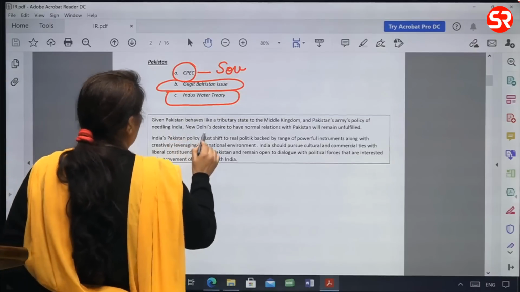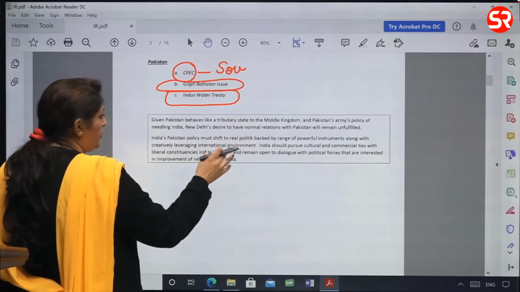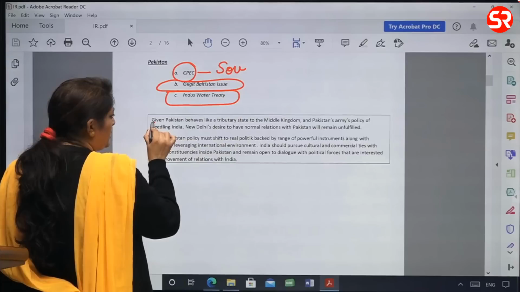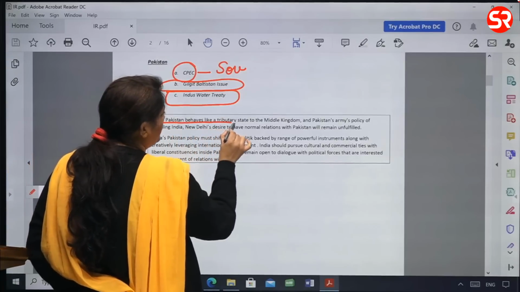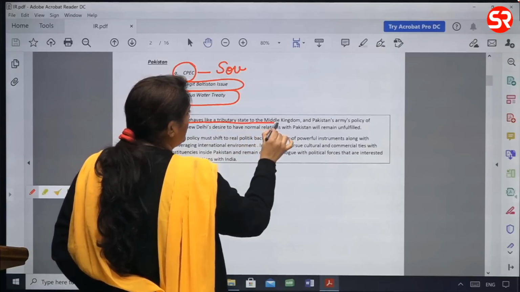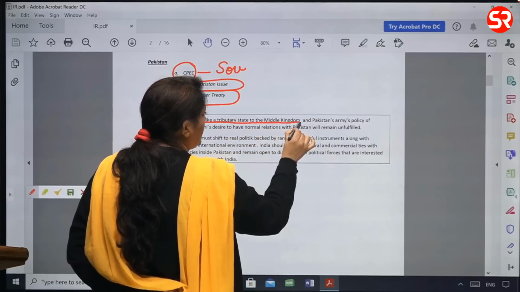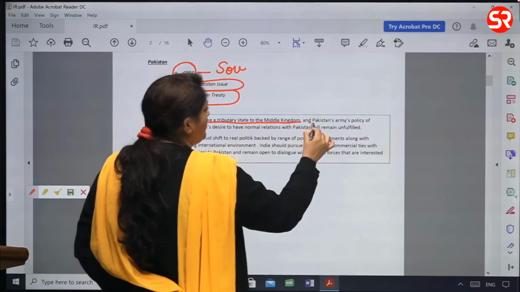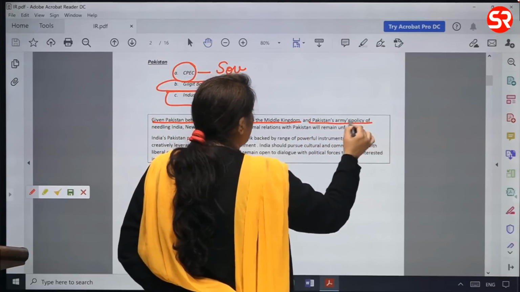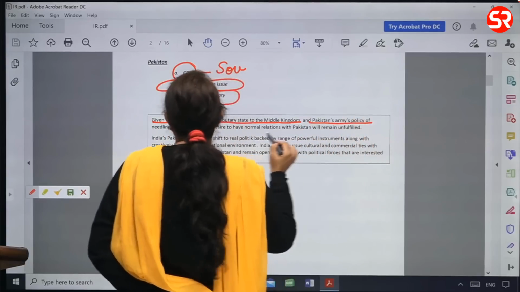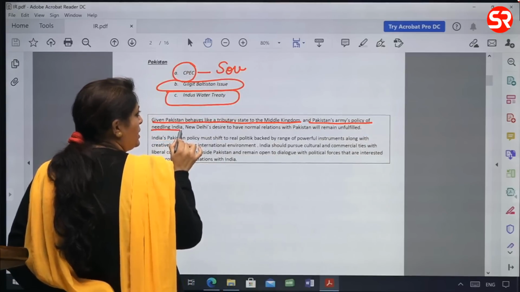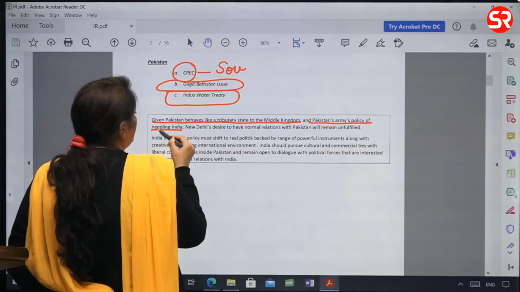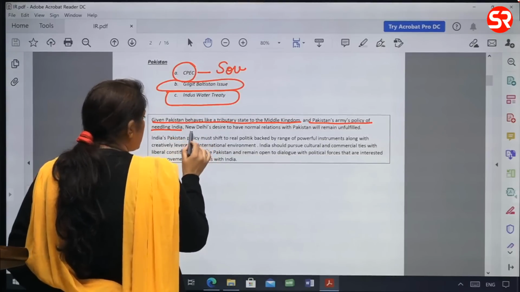So here I have given one view: Pakistan behaves like a tributary state to the Middle Kingdom, meaning China, and the Pakistan Army's policy is needling India, bleeding India, and giving a thousand cuts.